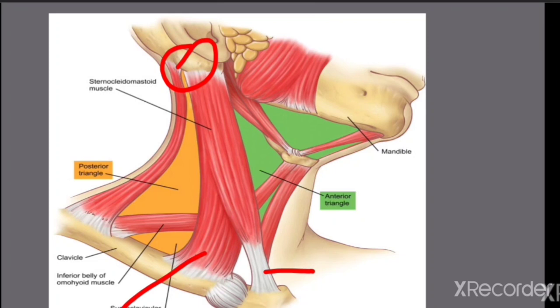This muscle is supplied by the accessory nerve, the spinal accessory nerve, that is the 11th cranial nerve. When it acts bilaterally, it causes protrusion of the neck, and when it acts unilaterally, meaning if only the one-sided sternocleidomastoid muscle contracts, it will cause turning of the head, or turning of the chin, towards the opposite side. So this is the action of this muscle.